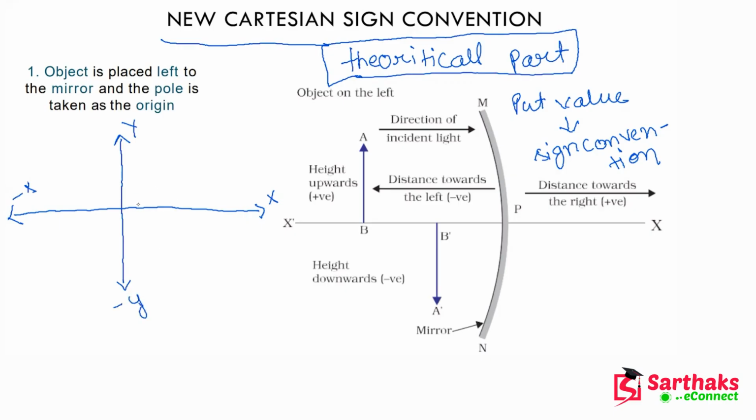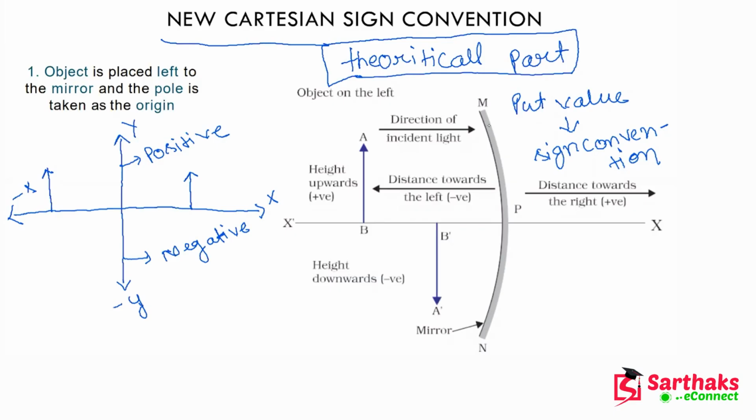So the distances on this side are taken positive, and the distances on this side are taken negative, and the distances on the upper side are taken positive. This side positive, and this side negative. The same thing happens with mirrors also.